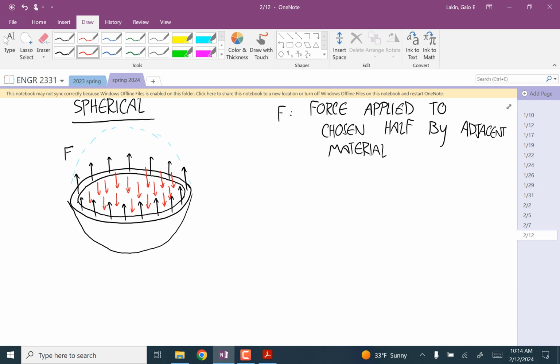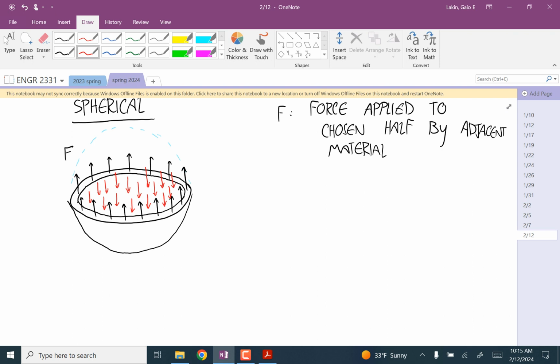So we're analyzing the metal or whatever the sphere is made out of, but we're also analyzing that half of the water or the gas inside. So the red is the force that's being applied to the gas that we're including in our chosen half by the gas that we're omitting.